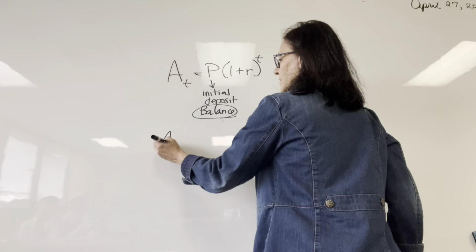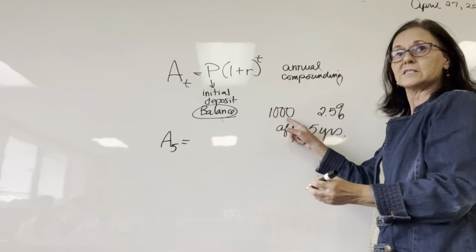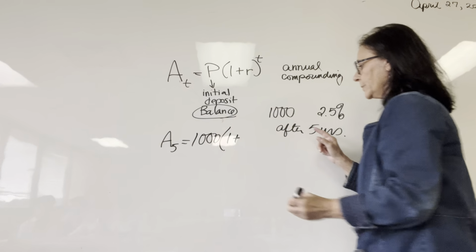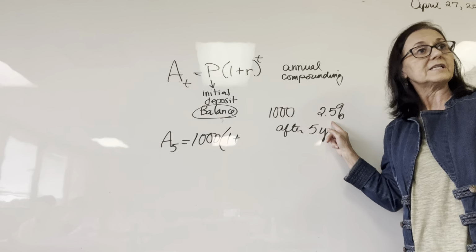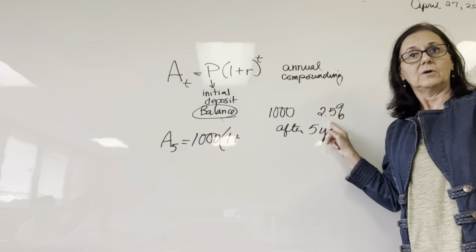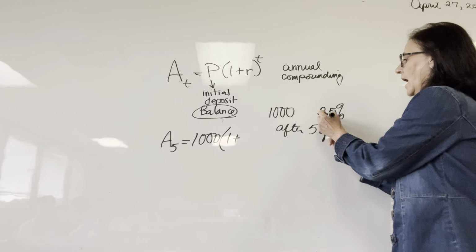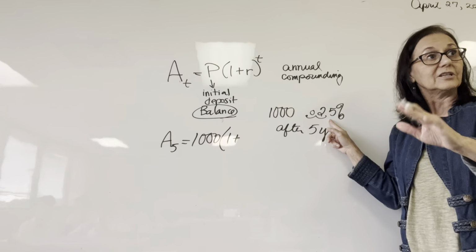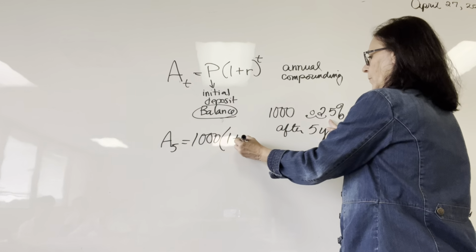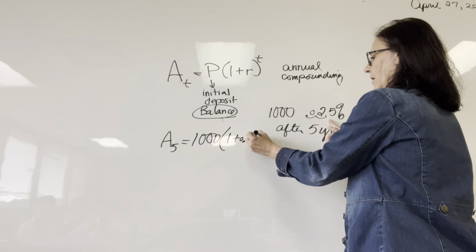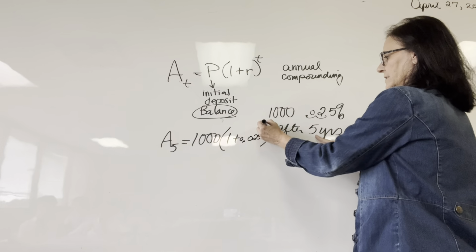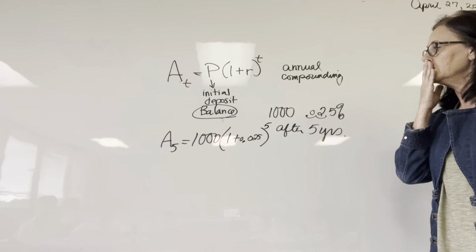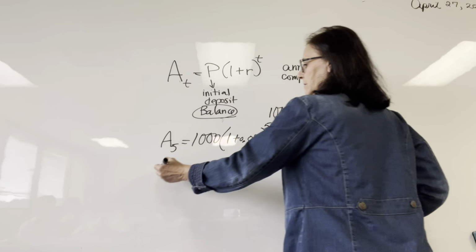The amount after 5 years equals my principal, the $1,000, times 1 plus the rate, but the rate is not in percent form, it's decimal. So what is it? 0.025. I move the decimal 2 places to the left to convert it to a decimal. 1 plus 0.025 raised to the time, 5 years. Do that in your calculator. How much money do I have after 5 years?